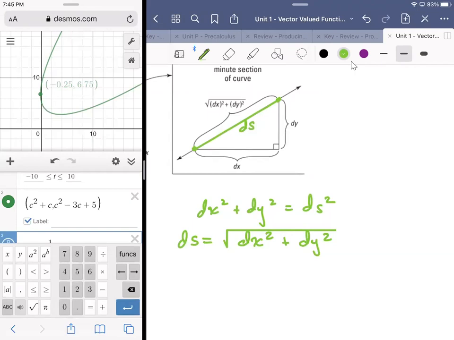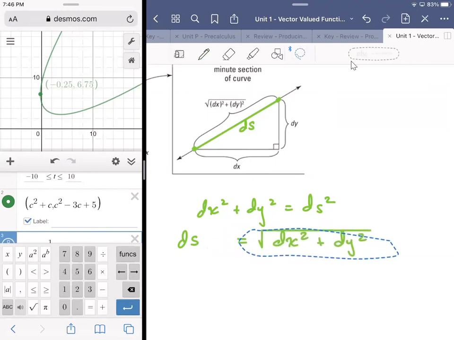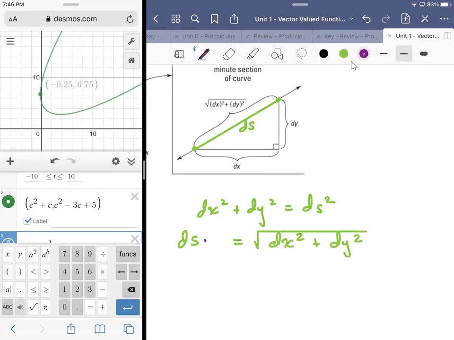So one thing that we can do is look at this as a rate and make all our dx's and dy's, the ds's, into dx dt, dy dt, and ds dt, because we could say that this is happening per unit of time. So that's one way to handle it. Another way to handle it, which is my preferred way, is to say, why don't we multiply both sides of this equation by a dt?